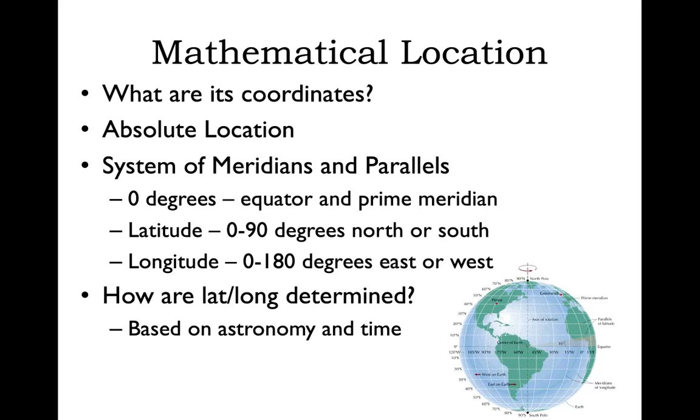Longitude, on the other hand, splits the globe the long way into the eastern hemisphere or the western hemisphere. 0 degrees longitude is the prime meridian. Longitude and latitude are determined based on astronomy and time.